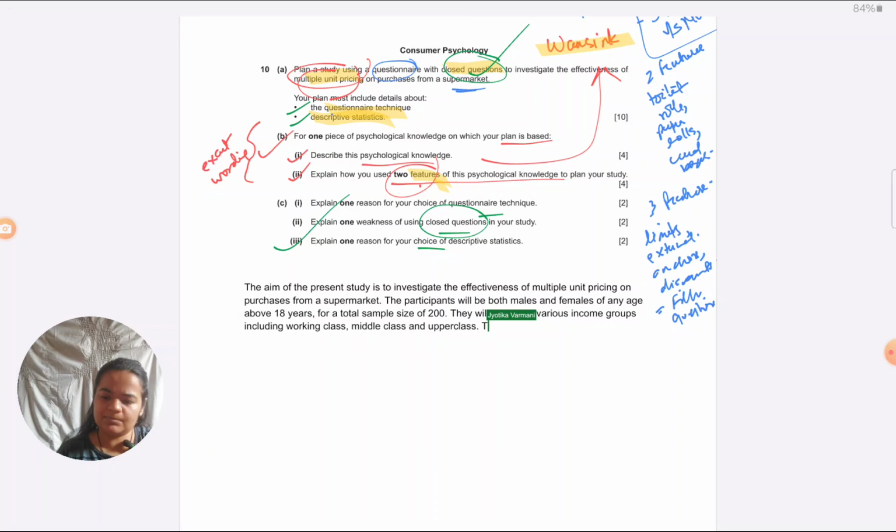They will also represent people with various shopping experiences, such as those who shop regularly as well as those who shop infrequently.